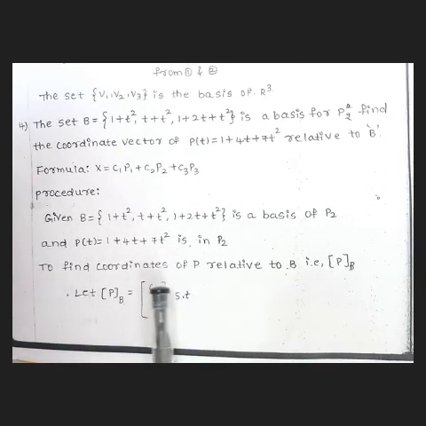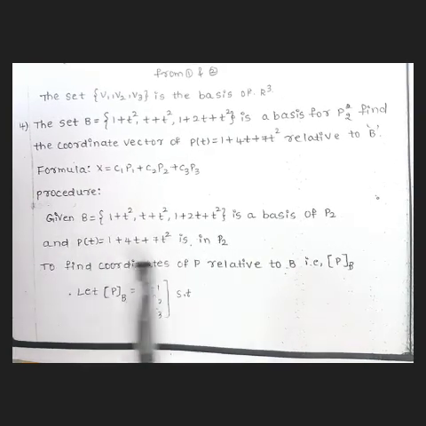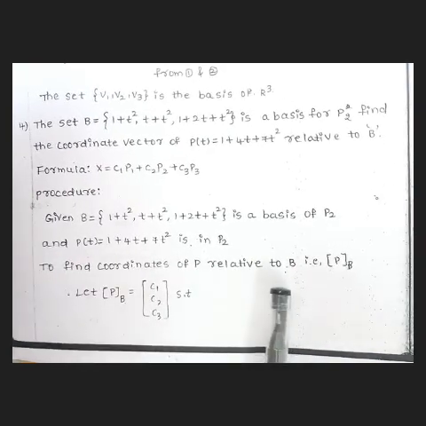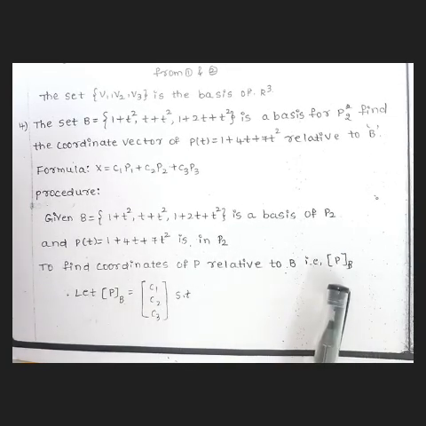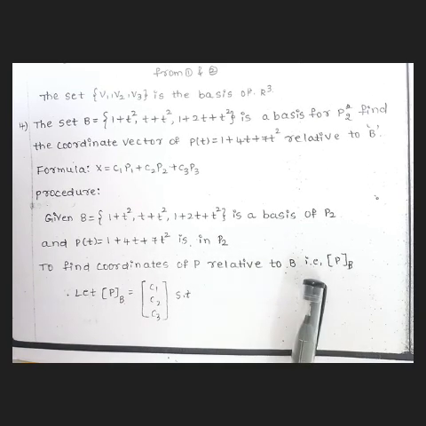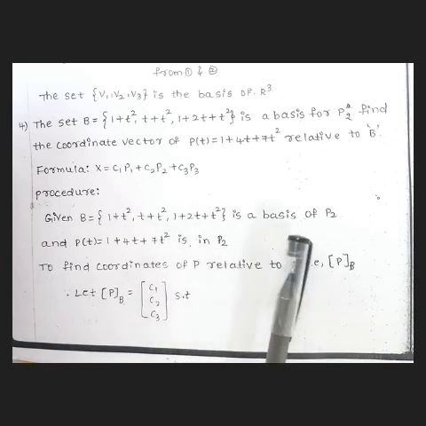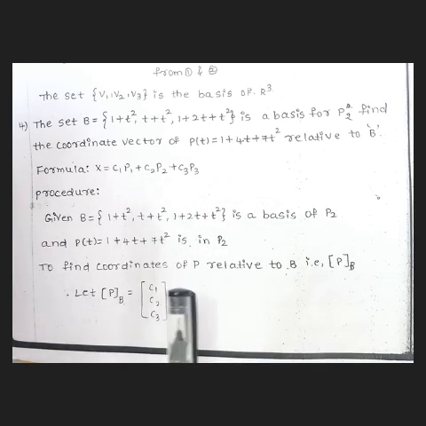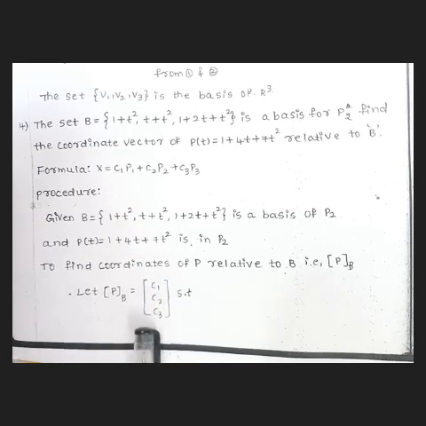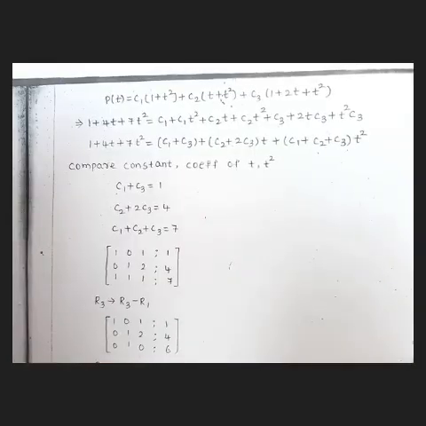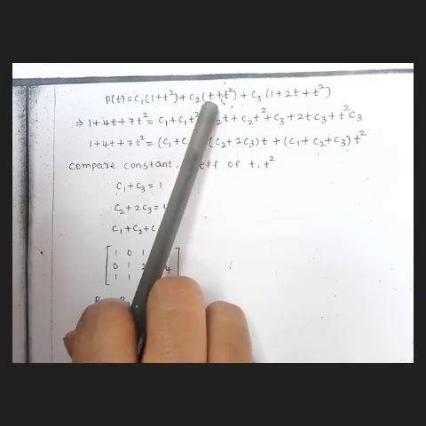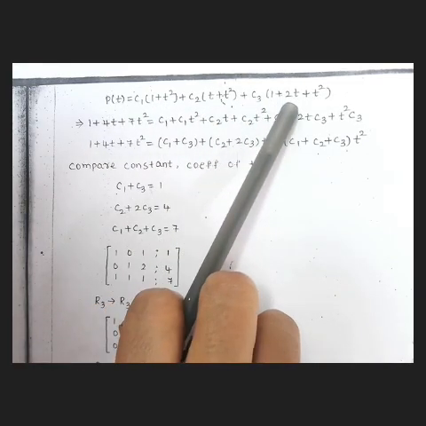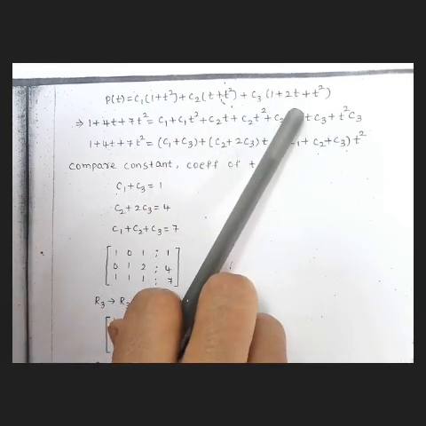Now to find the coordinates of p relative to the basis B, denoted by [p]_B, three vectors are given, so we take three unique scalars, c1, c2, c3. Now p(t) can be written as c1 times vector 1 plus c2 times vector 2 plus c3 times vector 3, where these three vectors are already given in the basis.